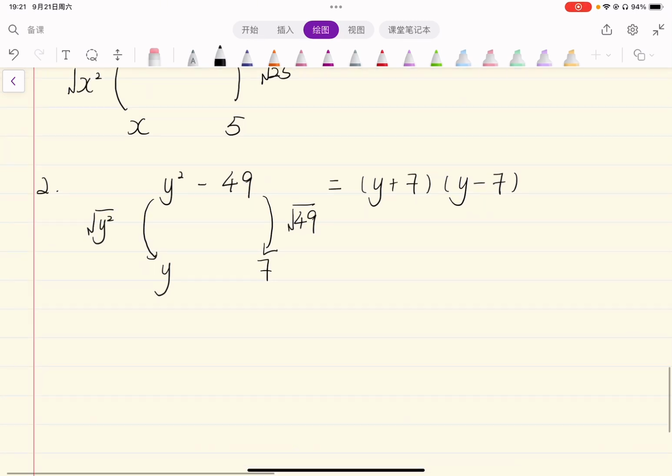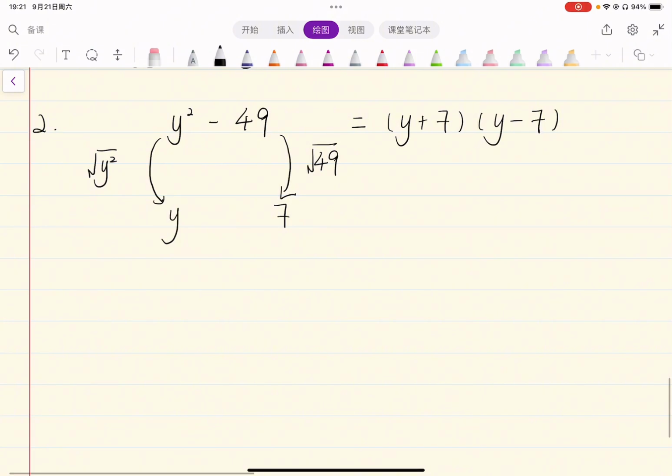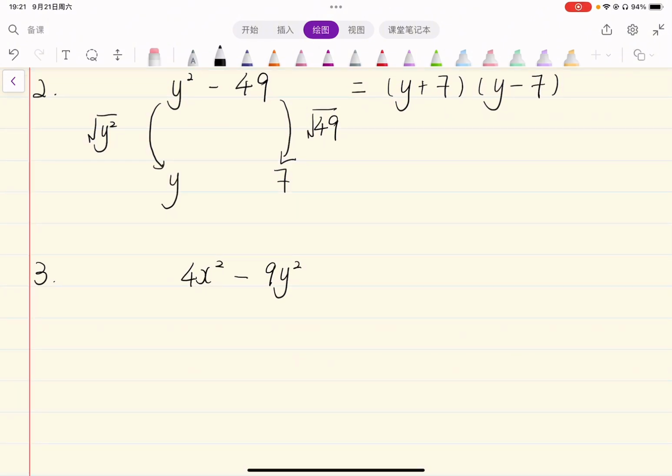Now let's move on to a bit harder one. How about 4x squared minus 9y squared? So similarly, we need to take the square root of them. The square root of 4x squared, what do we get?